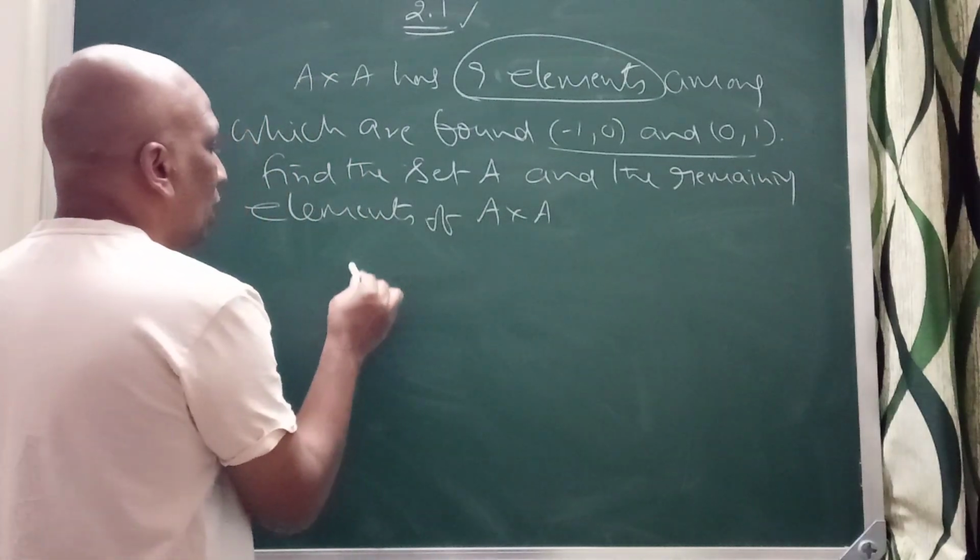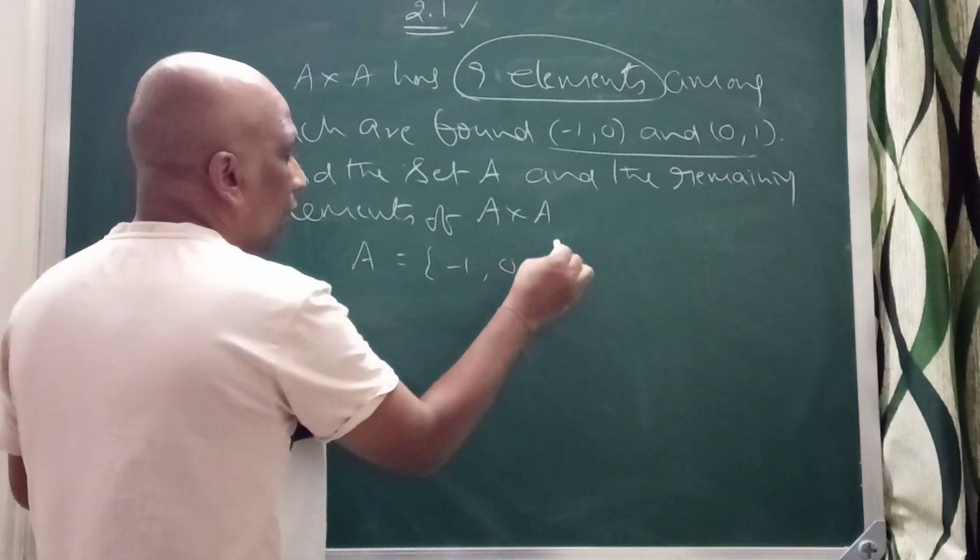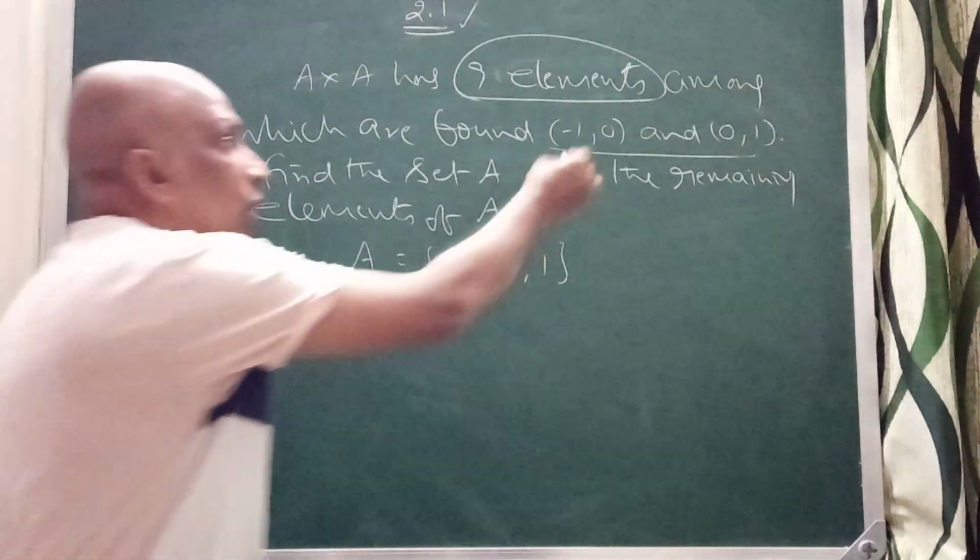Definitely A has the elements minus 1, 0, 1, because all different elements are here.